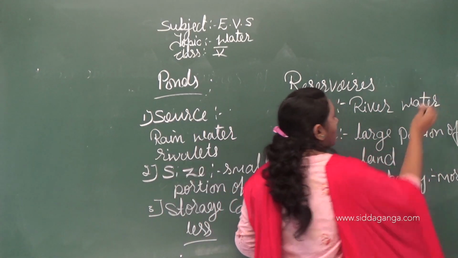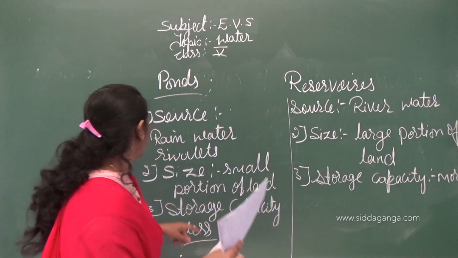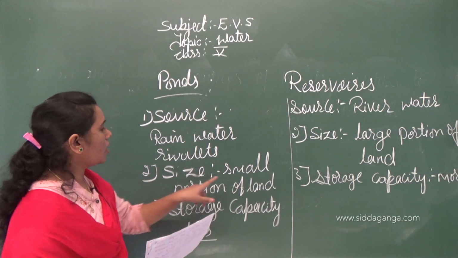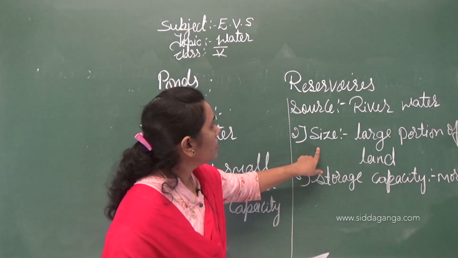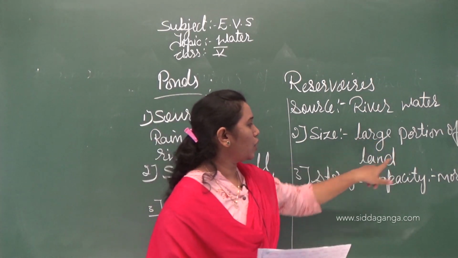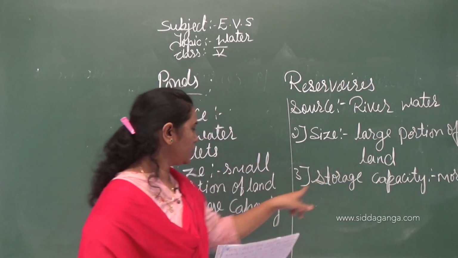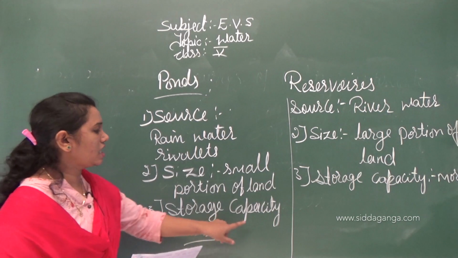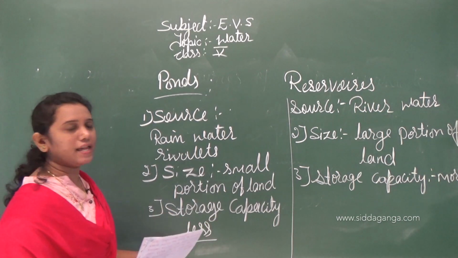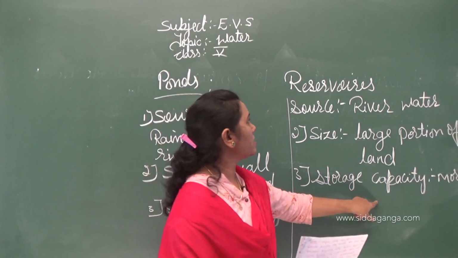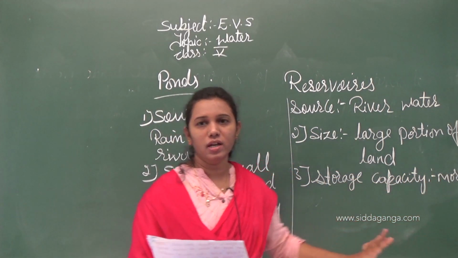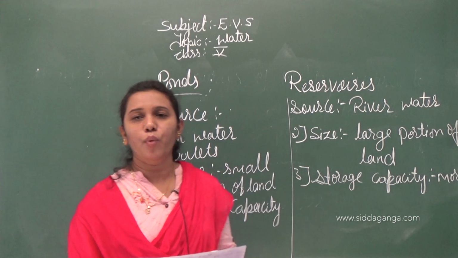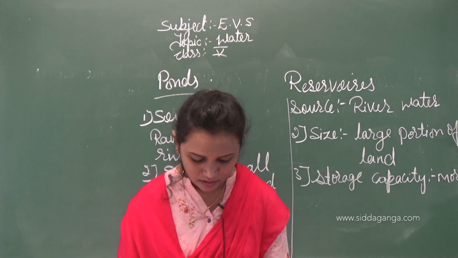Size: ponds are a very small portion of land, while reservoirs are a large portion of land. Third is storage capacity: ponds very less, reservoirs very more. Understood? This is the difference between ponds and reservoirs.